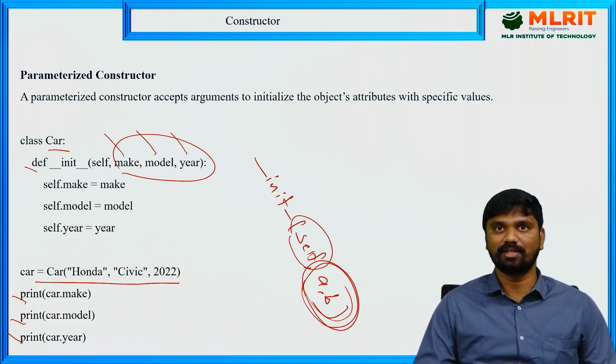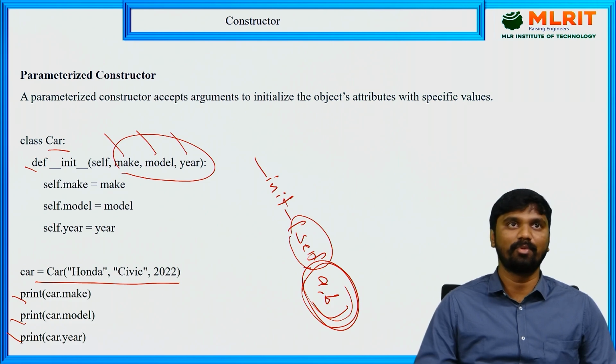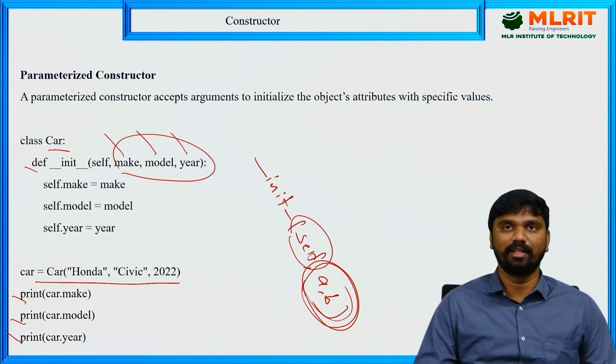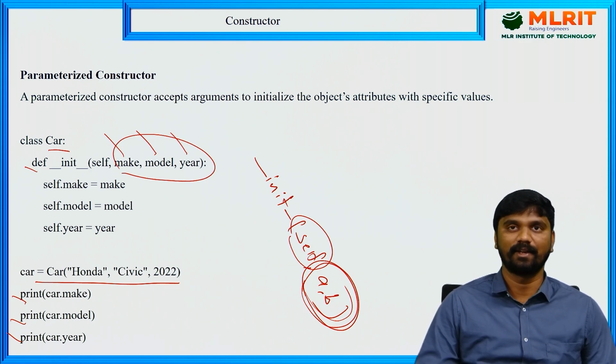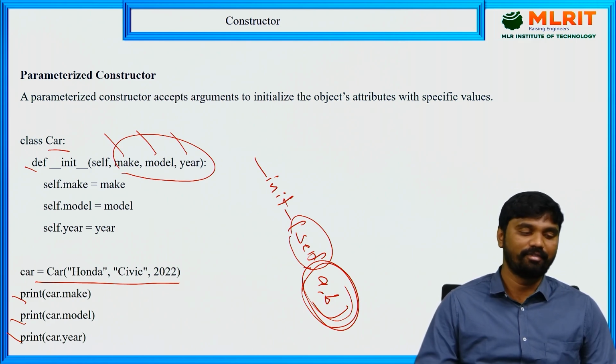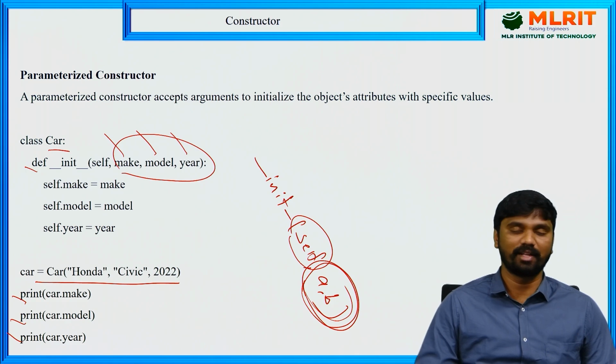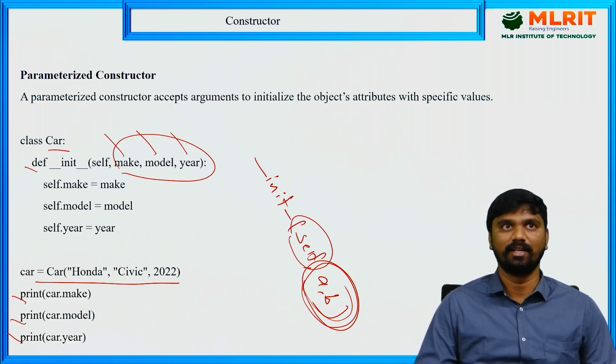And the constructor which accepts more arguments other than the self parameter is called a parameterized constructor. This is the difference between the parameterized constructor and the default constructor. When will the constructors execute? At the time of object creation, the constructors will execute automatically.